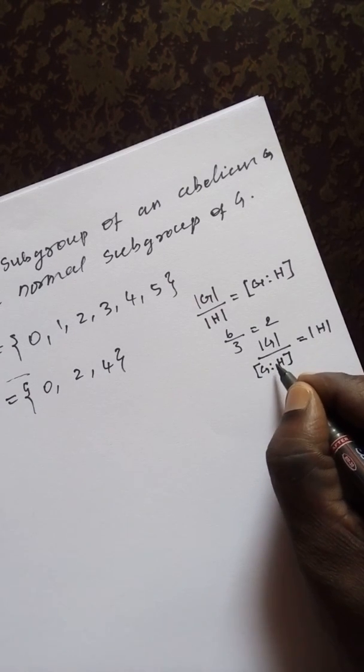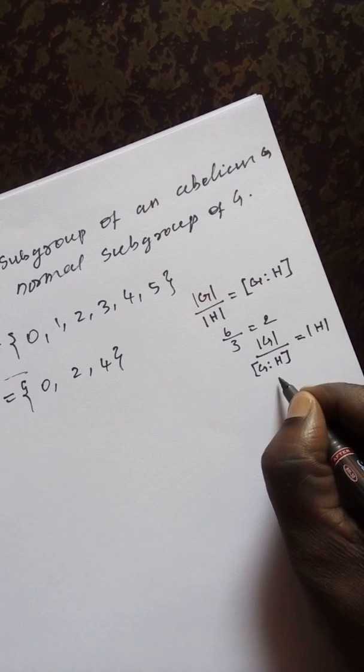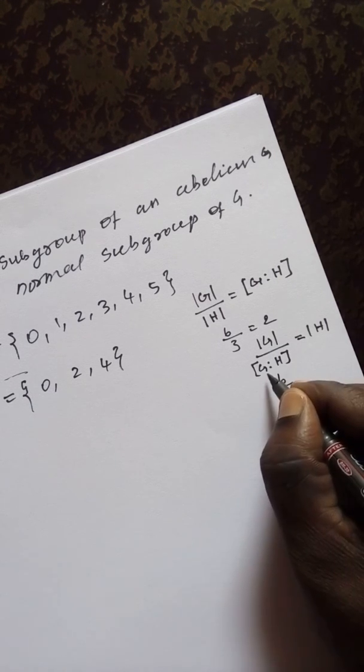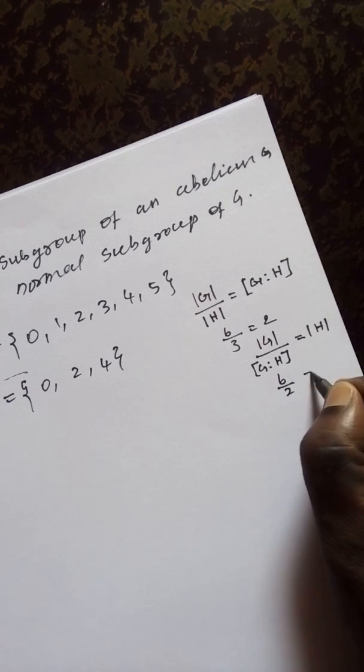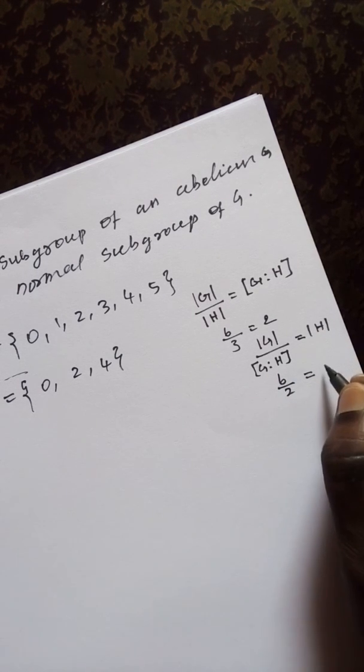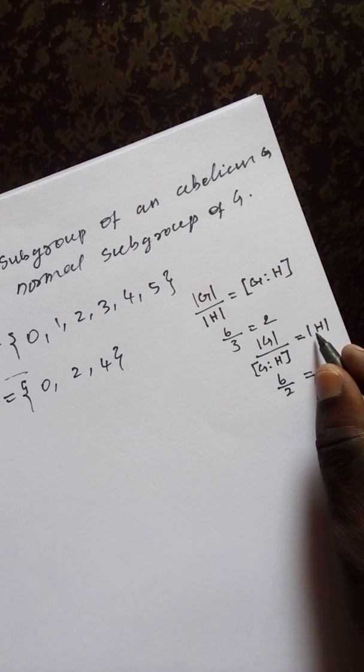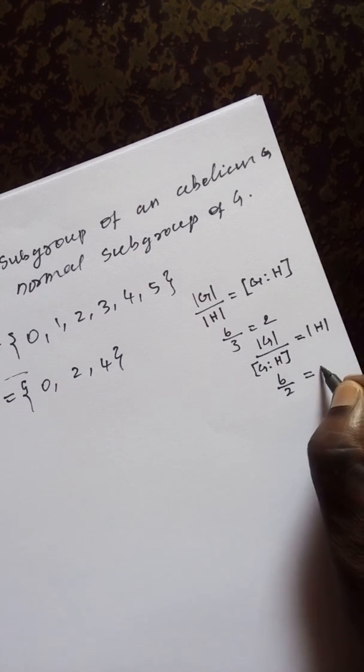This means here 6, the index is 2, and the cardinality of the subgroup H is 3.